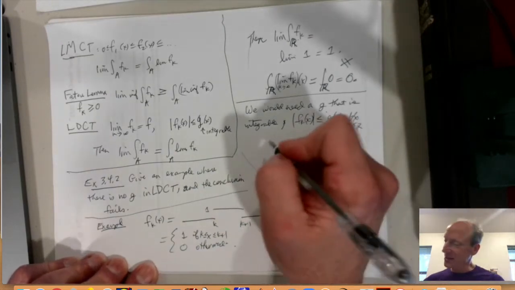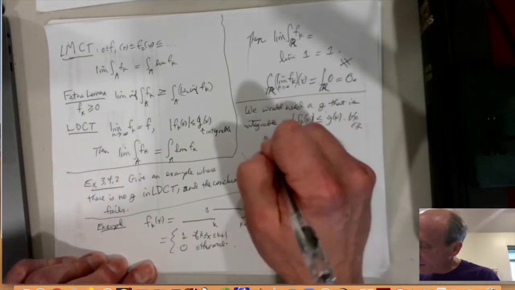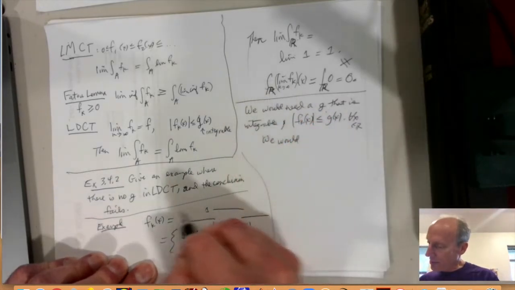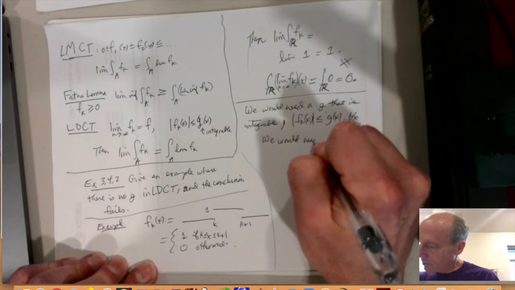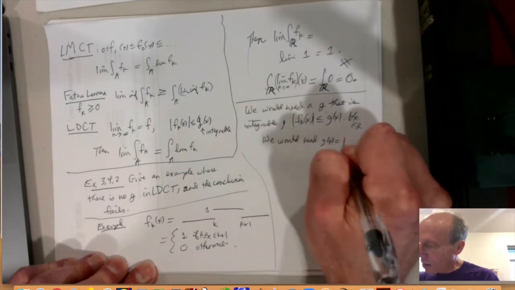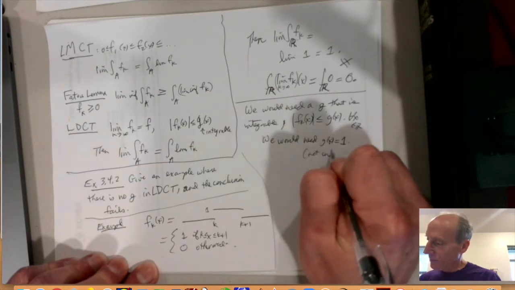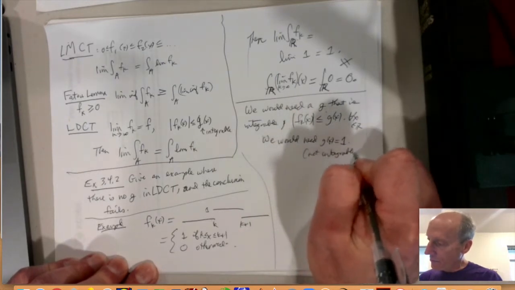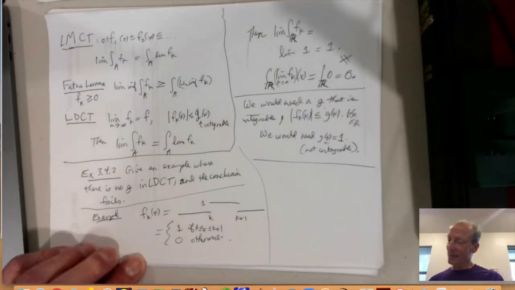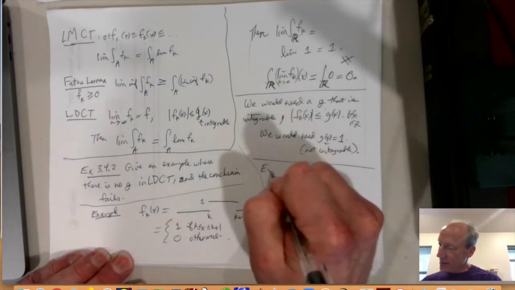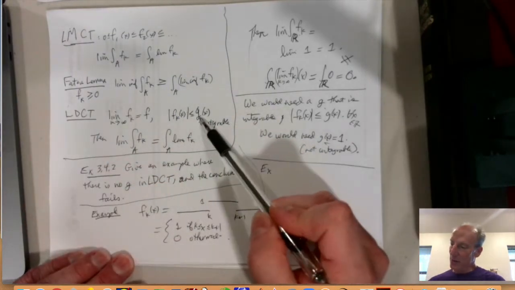Yep, that's right, Shaylin. Good job. Right. So look at that bump. We would need g of x to equal 1. The function 1, but it's not integrable. So that's a good example of why you need that hypothesis.